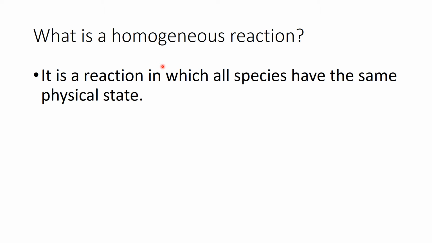All of the species in the reaction are in the same state, in the same phase. This is important because we can only use Kc for homogeneous reactions. So whenever you're thinking about Kc, the equilibrium constant, you're thinking exclusively about homogeneous reactions.